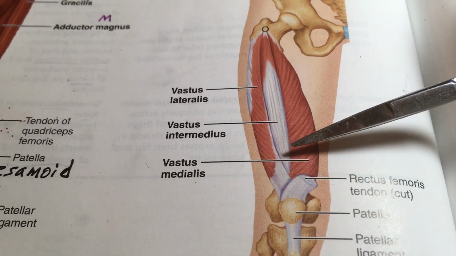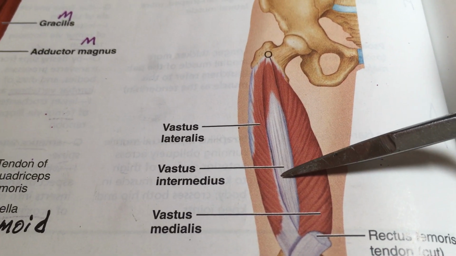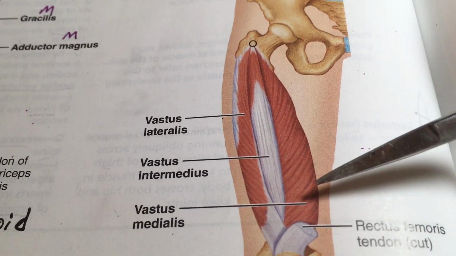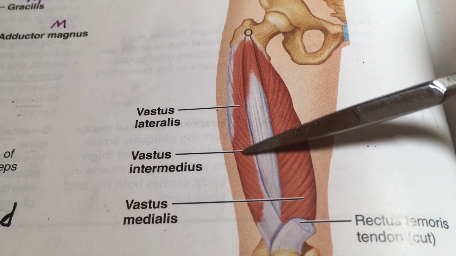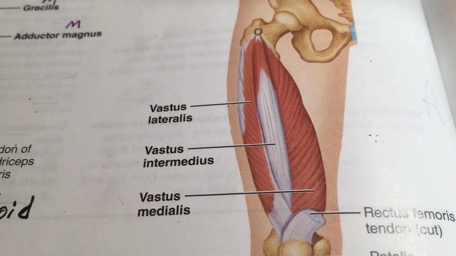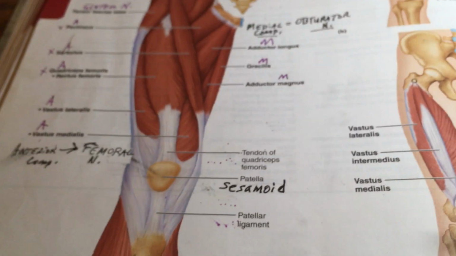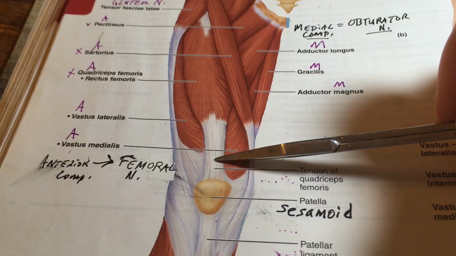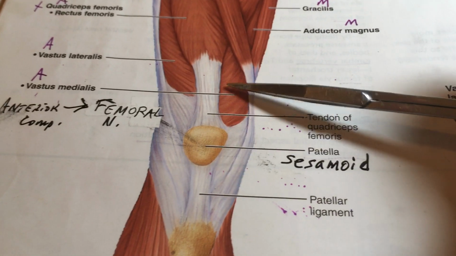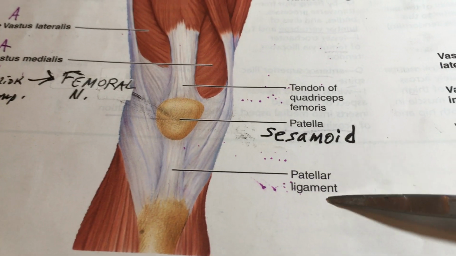Now here they've abstracted that, and underneath we can see the vastus intermedius, and then on either side is going to be the vastus medialis and the vastus lateralis. So on the medial side, medialis, and the lateral side, lateralis, altogether 4 muscles. Okay, and the 4 muscles will come together in the tendon here of the quadriceps femoris, and then it's going to cross over the knee, and it's going to insert by the patellar ligament.